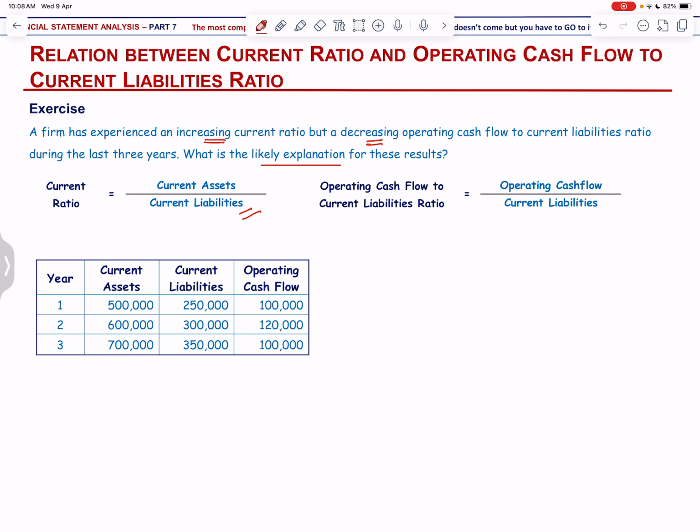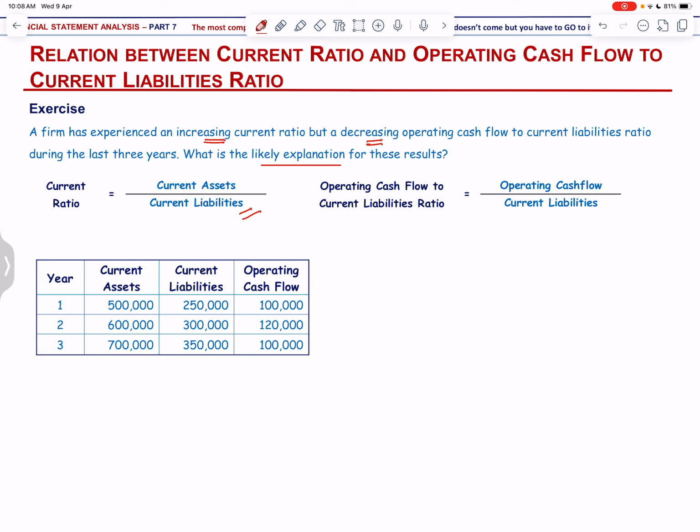Now, this will definitely increase its current ratio, but it may not be generating sufficient cash flow from its core operations to meet these liabilities. That causes the operating cash flow to current liabilities ratio to decrease.